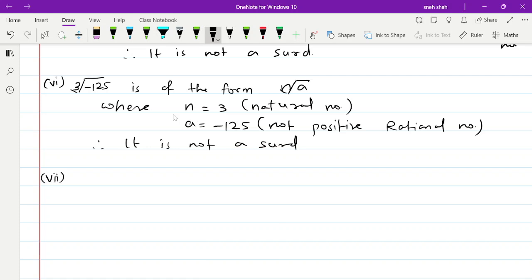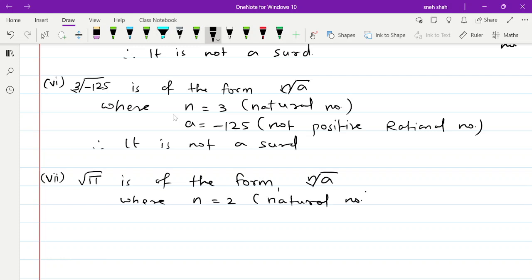For the seventh sub question, they are giving us the number to be root pi. Here it is of the form nth root of a, where n is 2 because it is inside a square root, and that is a natural number. So first criteria is fulfilled. Secondly, a is pi. Now, pi is an irrational number having a non-terminating, non-recurring decimal.